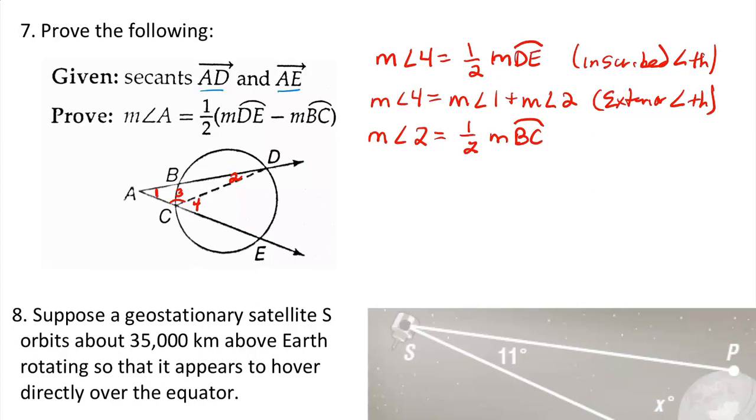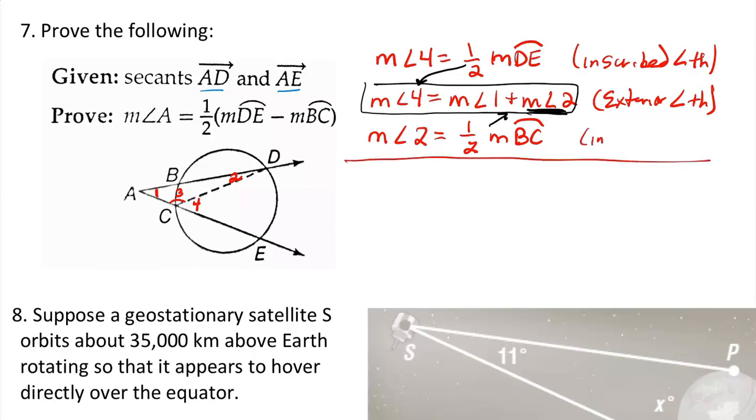So we have a lot of facts here. Let's put all these together. Let's use this equation as our base. We know that the measure of angle 4 is 1/2 the arc, so we're going to substitute that in there. And we also know this measure of angle 2, so we're going to substitute this arc in here. So this is what we have. This was the inscribed angle theorem.